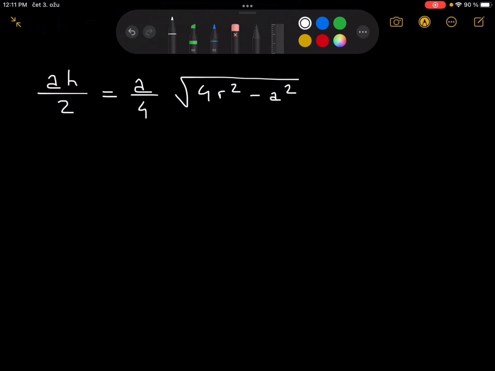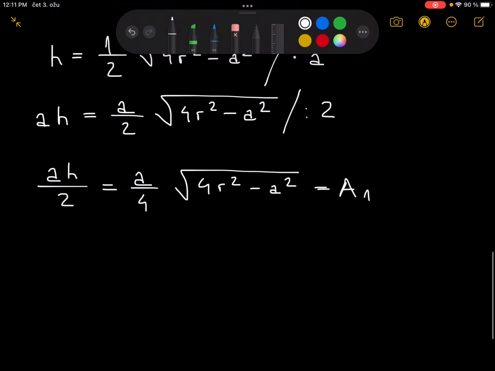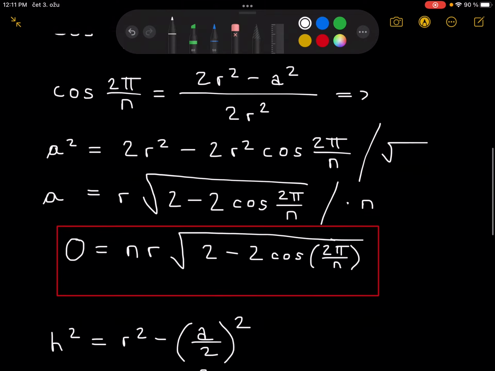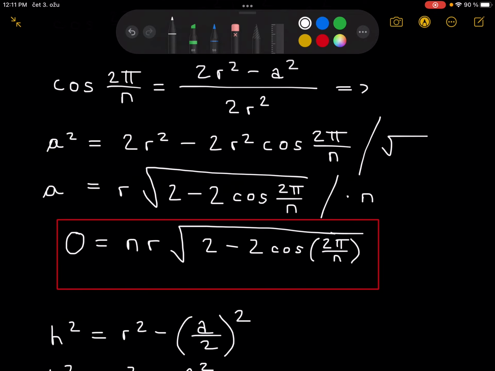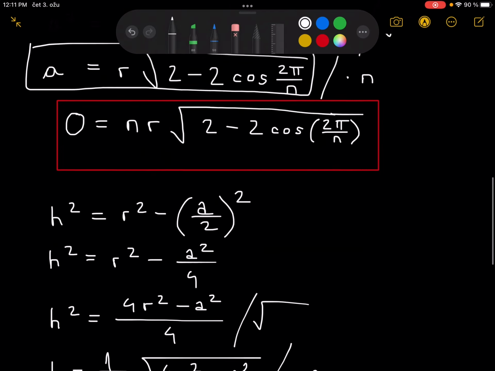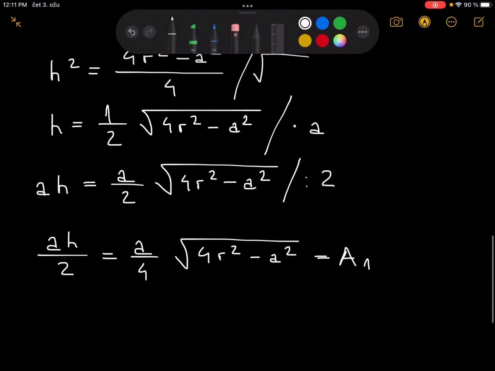And a times its adjacent height over 2 is exactly the surface area of one of our triangles. So I'm going to go ahead and call it A1. Okay? And we know what a is in terms of r and n. It's right here. So we're just going to plug it into this equation for A1.